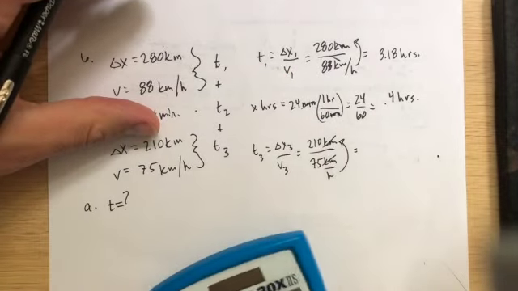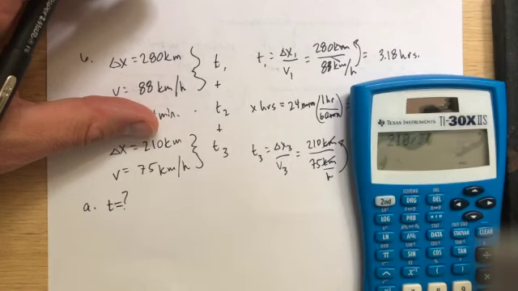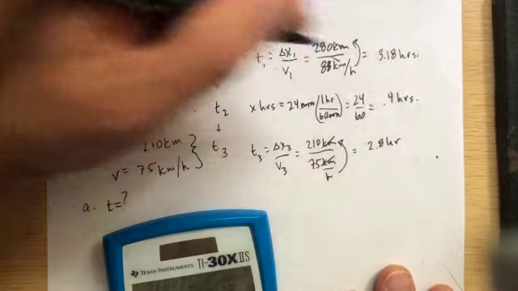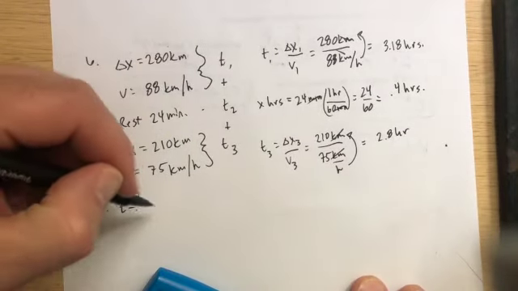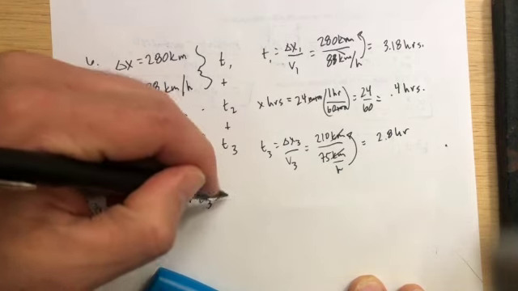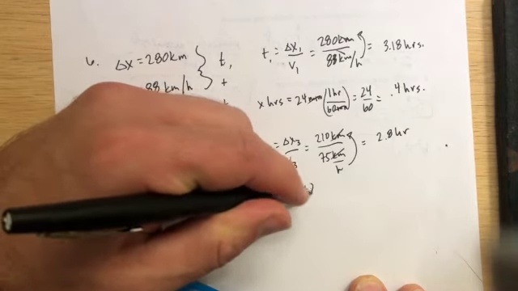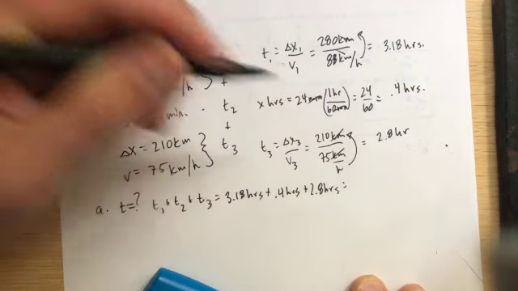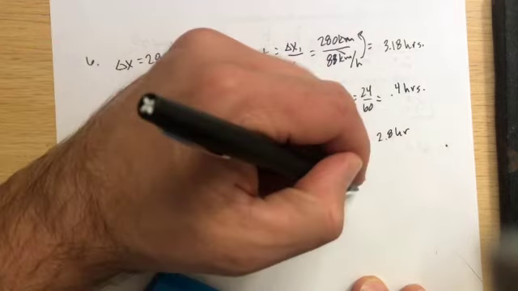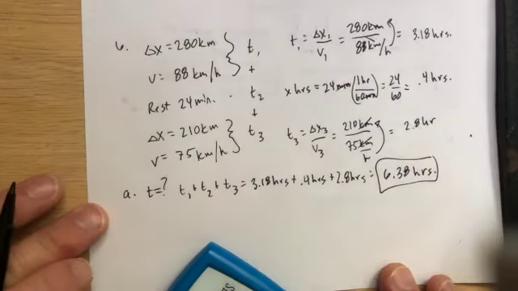Again, same thing as before, just different numbers. 210 divided by 75 equals 2.8 hours. So what's the total time on the trip? Total time on the trip equals T1 plus T2 plus T3 equals 3.18 hours plus 0.4 hours plus 2.8 hours. And that's going to be 3.58, 5.58, 6.38 hours. So that's part A.